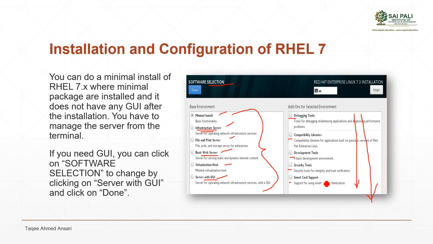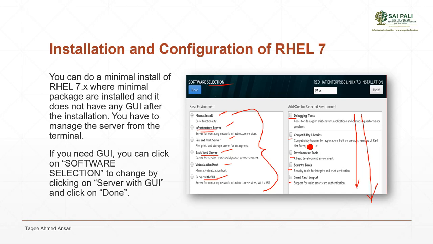But if you don't select any extra packages, after installation also we can install these things. It is not like you have to select this now. If you don't select now, then it is okay, you can install it after installing your system.